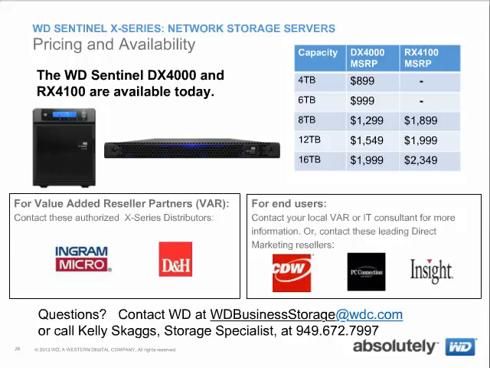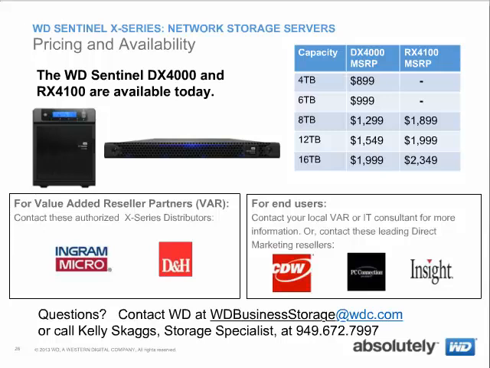Our 4 terabyte entry level starts at $899. Now, these are all with our Enterprise Black level drives. So this is above the red drives I spoke about earlier. So we start at $899 for that platform, and with a 16 terabyte configuration, that'll go up to $1999.